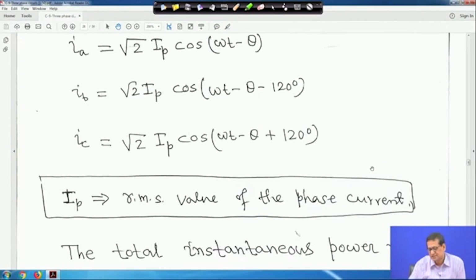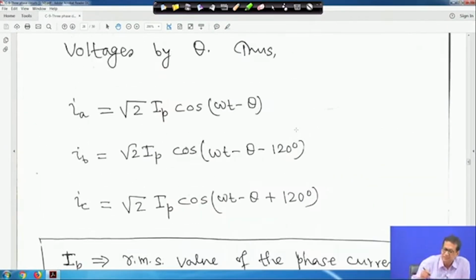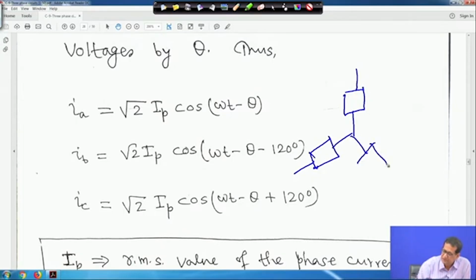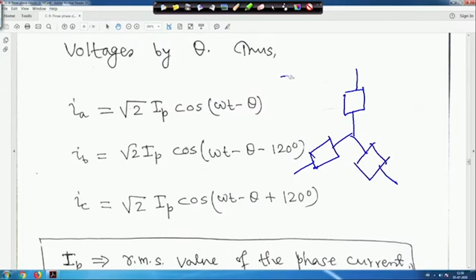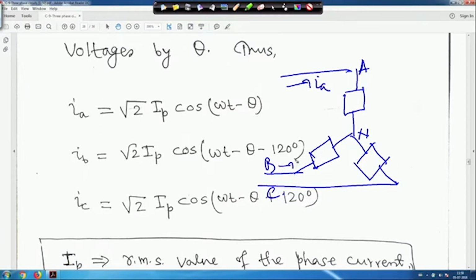Circuit wise, if you draw it, it will be something like this. Suppose this is your star connected load. This is N, this is A, suppose this is B, this is C, this current is say Ia, this current is say Ib, and this current is say Ic.